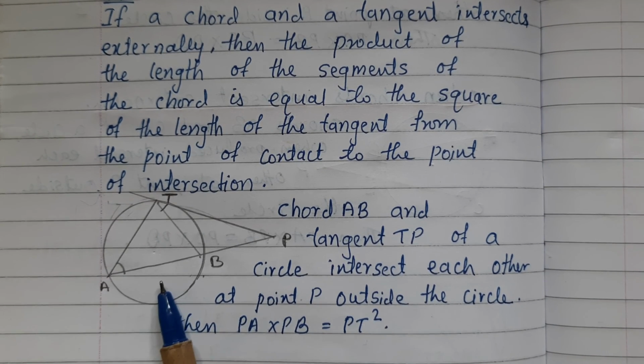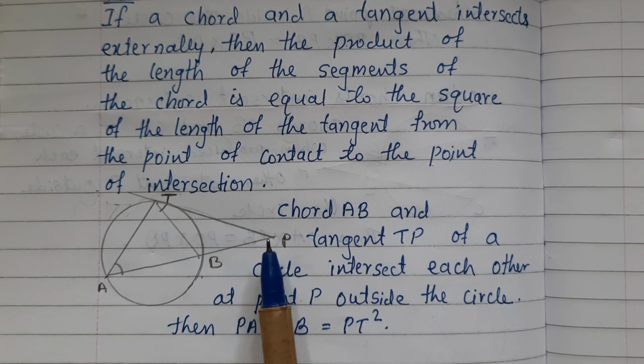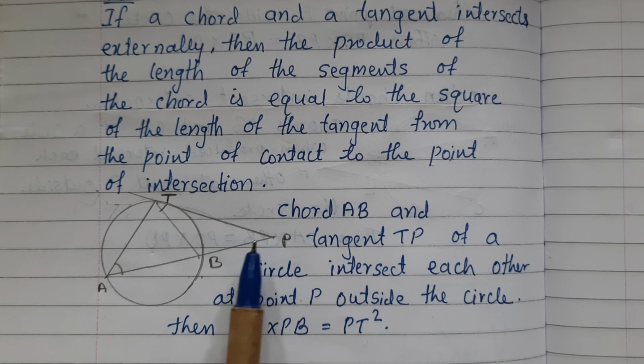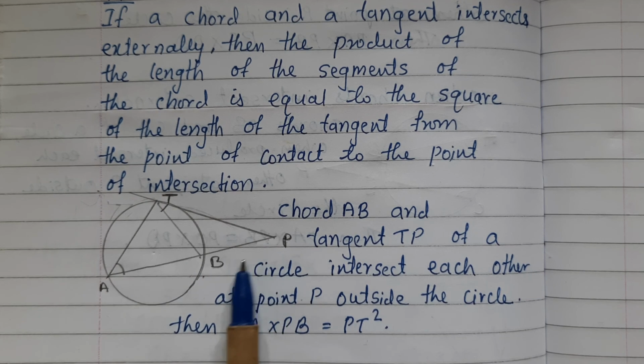Chord AB and tangent TP intersect each other at point P outside the circle. Then PT square is equal to PA into PB.